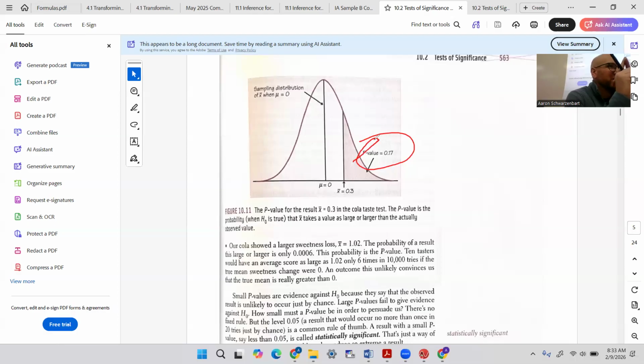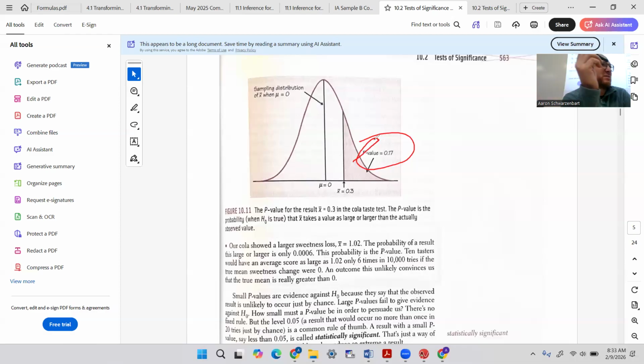Here's the key. We either reject H naught and conclude HA if our p-value is below the alpha level. We've talked a lot about the 95% confidence level, which means the p-value would be below 0.05. We'll call this the alpha level.